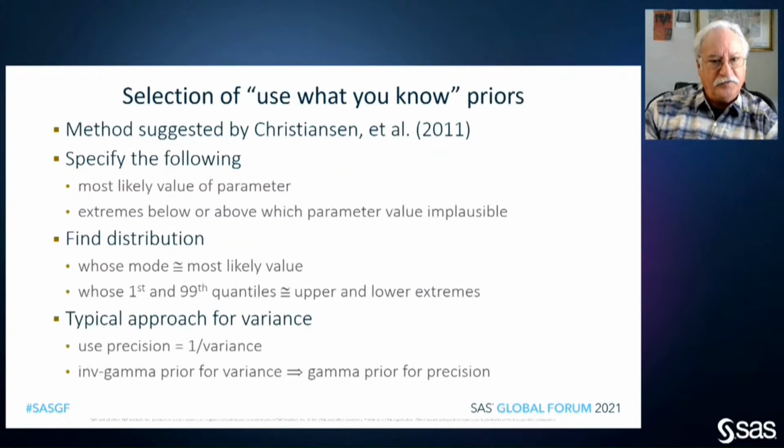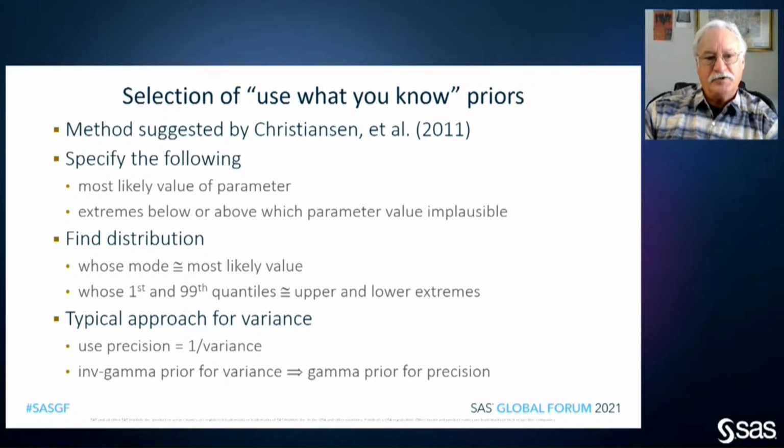Christensen, in his Bayesian textbook published in 2011, has a strategy for specifying a kind of use-what-you-know prior. The authors suggest that you specify the most likely value of the parameter and then think about the extremes above and below which you don't believe the parameter's value, the values considered implausible.